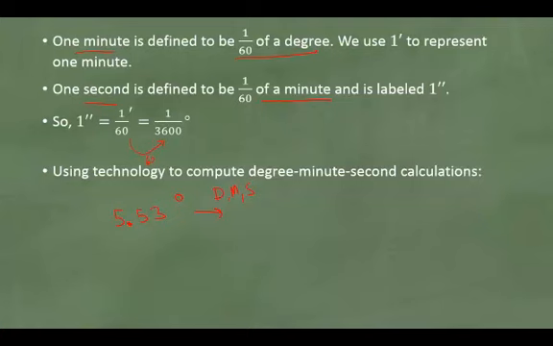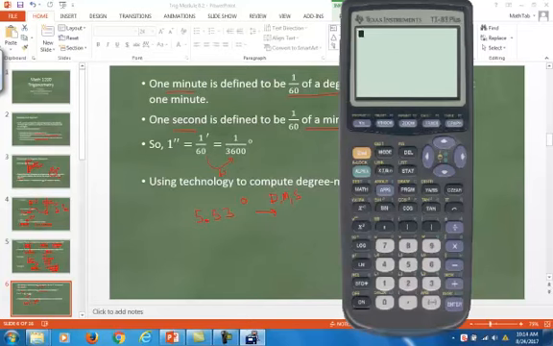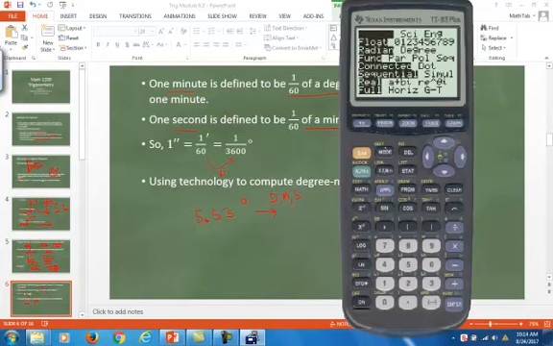Alright, so we're going to type in 5.53. Notice if I go to mode real quick, we need to be in degrees. So let's scroll down to where it says radians and degrees, and we'll talk about radians later. We're going to scroll over to degrees, hit enter, then second, quit.